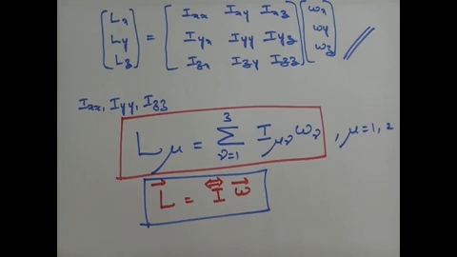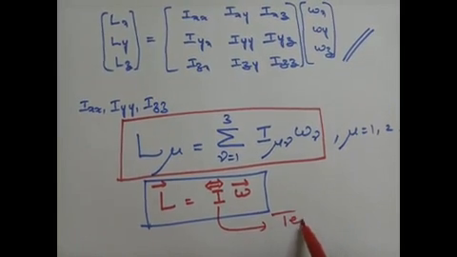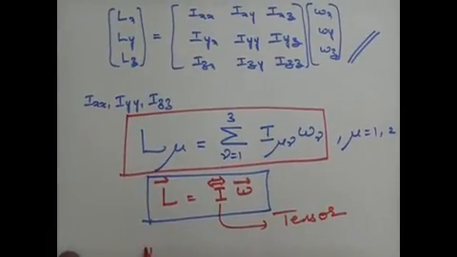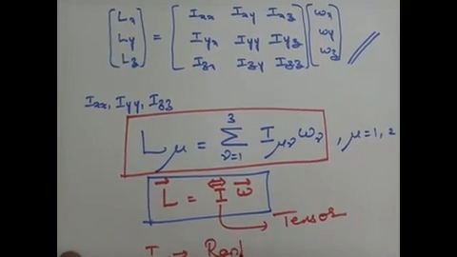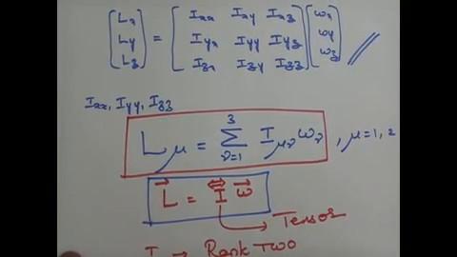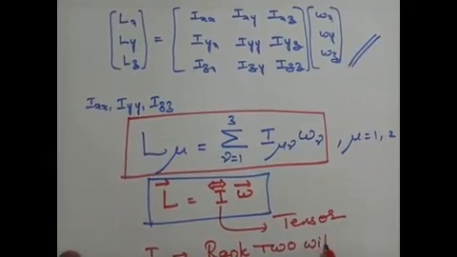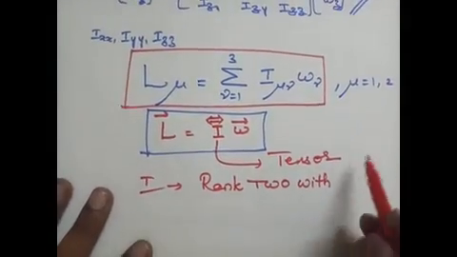Here I stands for an operator called a tensor. It has 9 components. It is a rank 2 tensor with 9 components.